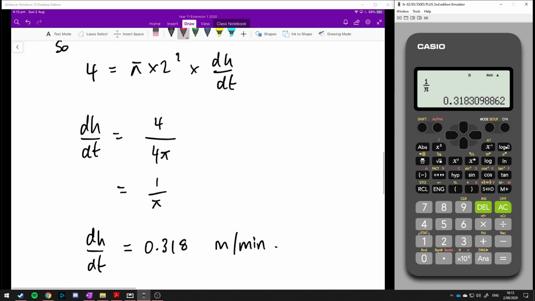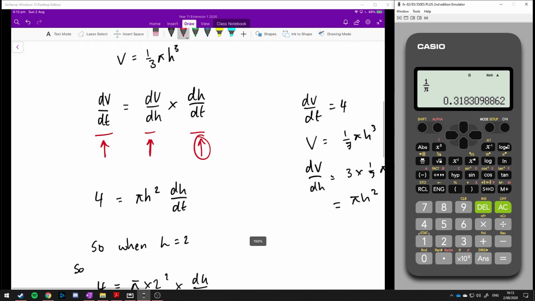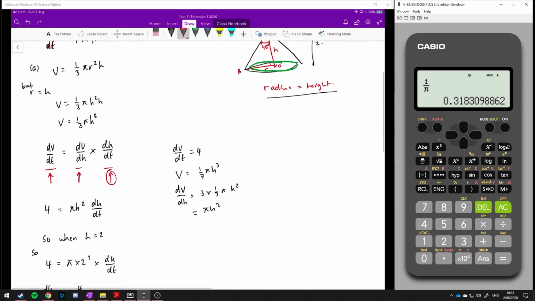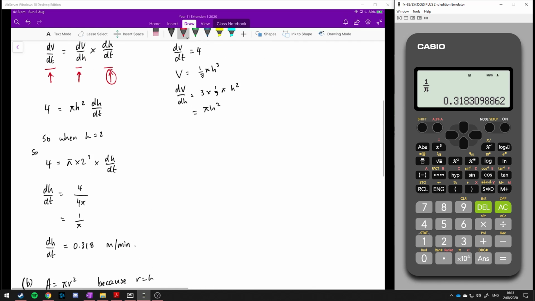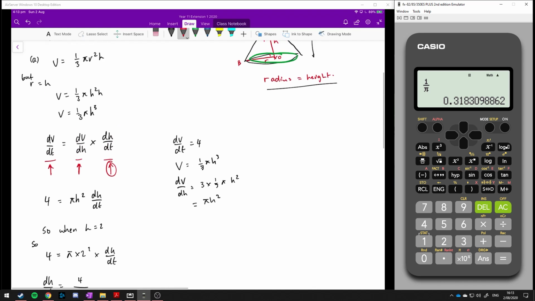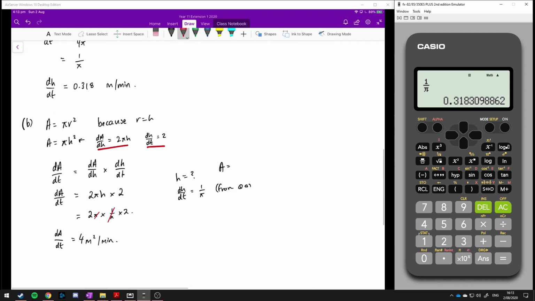So I just don't think that's quite right. So when h is equal to 2, I just don't know if that's exactly right. Oh no, because it was dh/dt that we're substituting in the back, which is our 1 on pi, and we're doing it at the time the height was at 2.